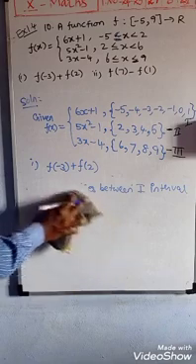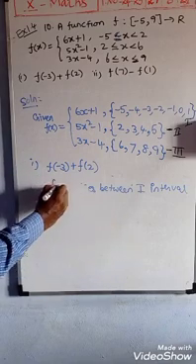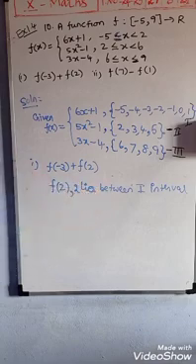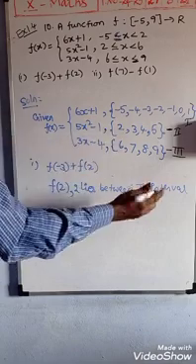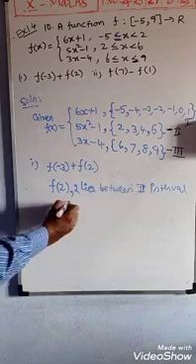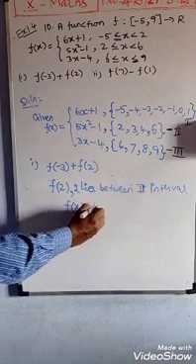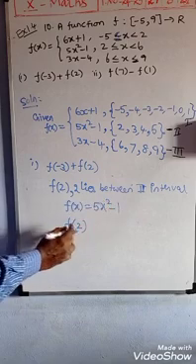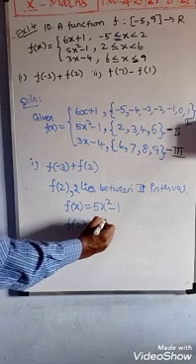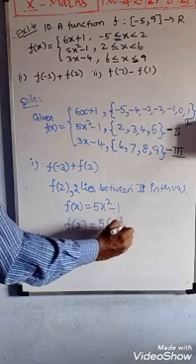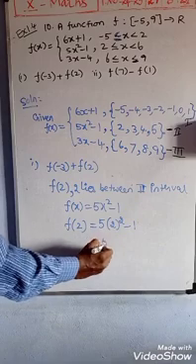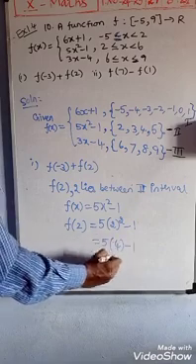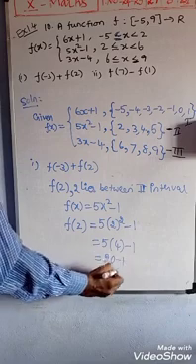Next f of 2. Which interval does 2 lie in? 2 lies in the second interval, so for f of x we choose 5x squared minus 1. Instead of x substitute 2: 5 times 2 squared minus 1. 2 squared is 4, 5 fours are 20, minus 1, you will get 19.